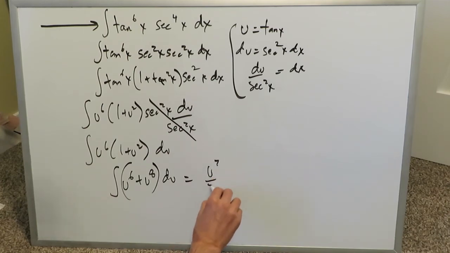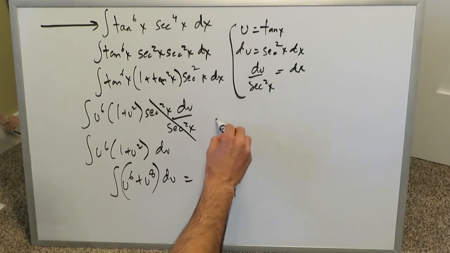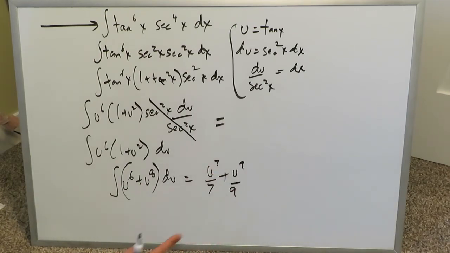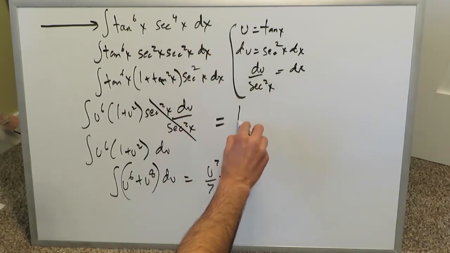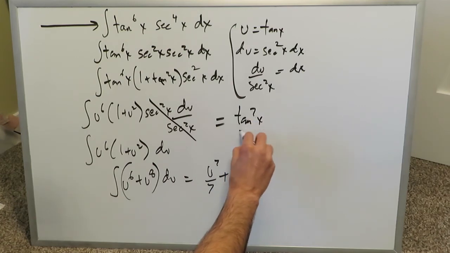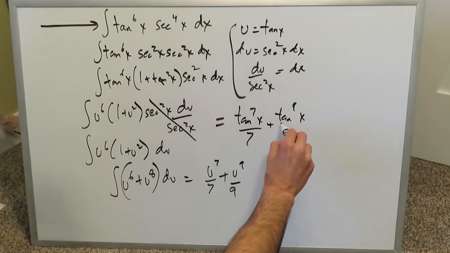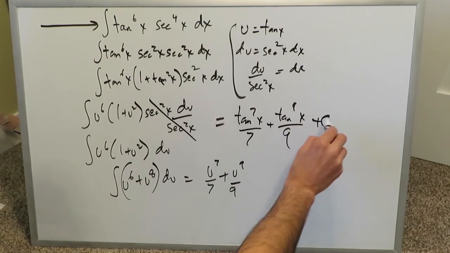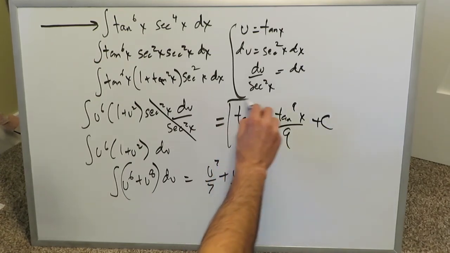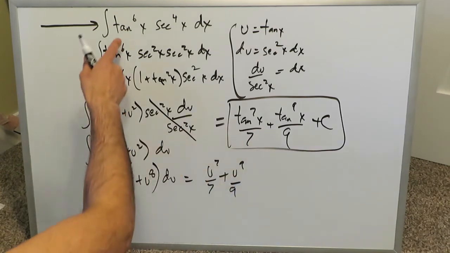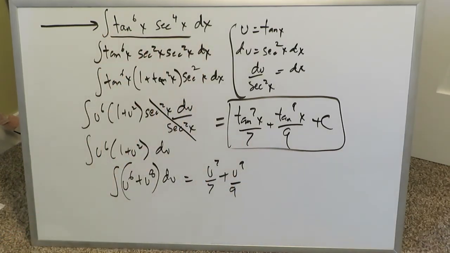U to the 7 over 7 plus u to the 9 over 9 plus c. I won't bring in the plus c yet because I'll finish it over here. U was originally tan x, therefore it's tan to the 7x over 7 plus tan to the 9x over 9 plus c, and this here will represent your final antiderivative of this integrand over here.